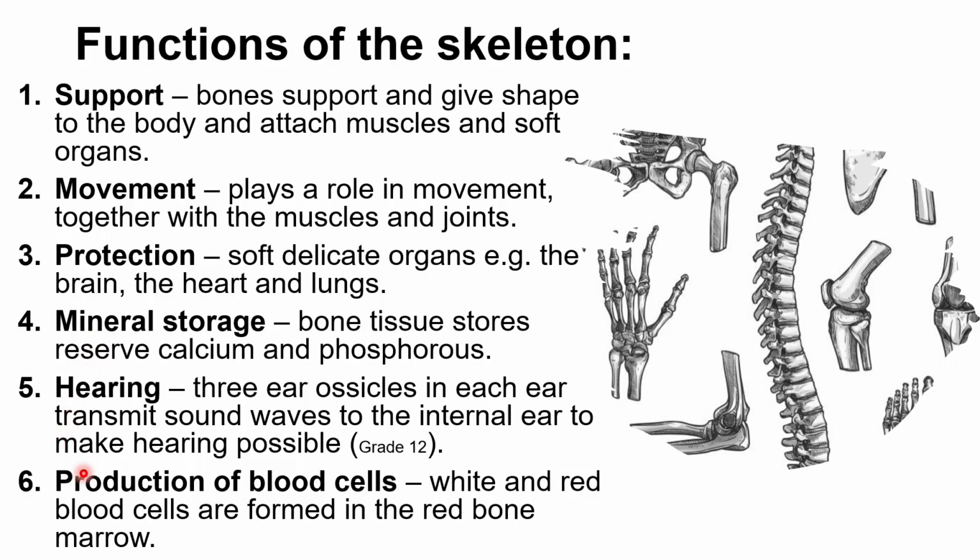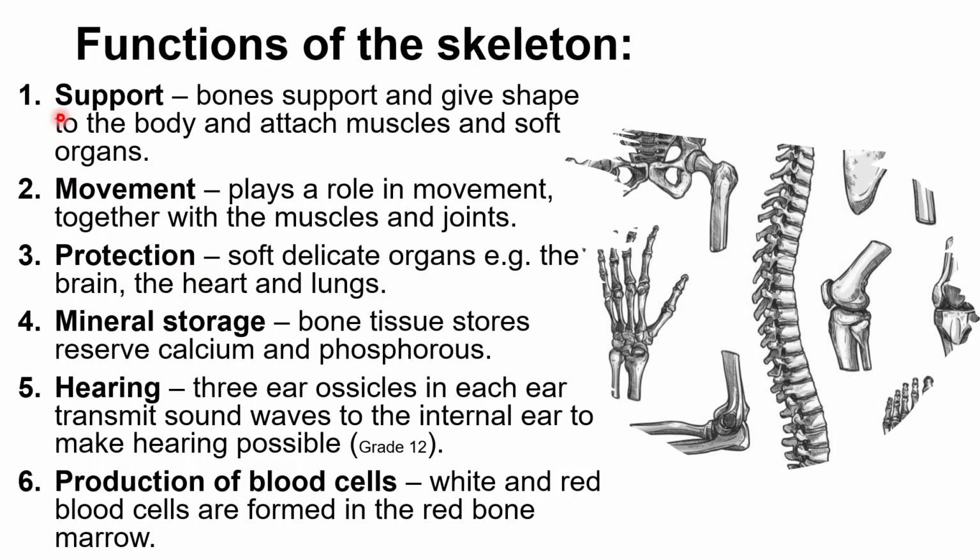If you get a question, name 2 functions of the skeleton, never ever just write a word. Always write a sentence. We can never say the function of the skeleton is support, because support of what? Protection of what? You must be more specific when you give a function. So always write a sentence.